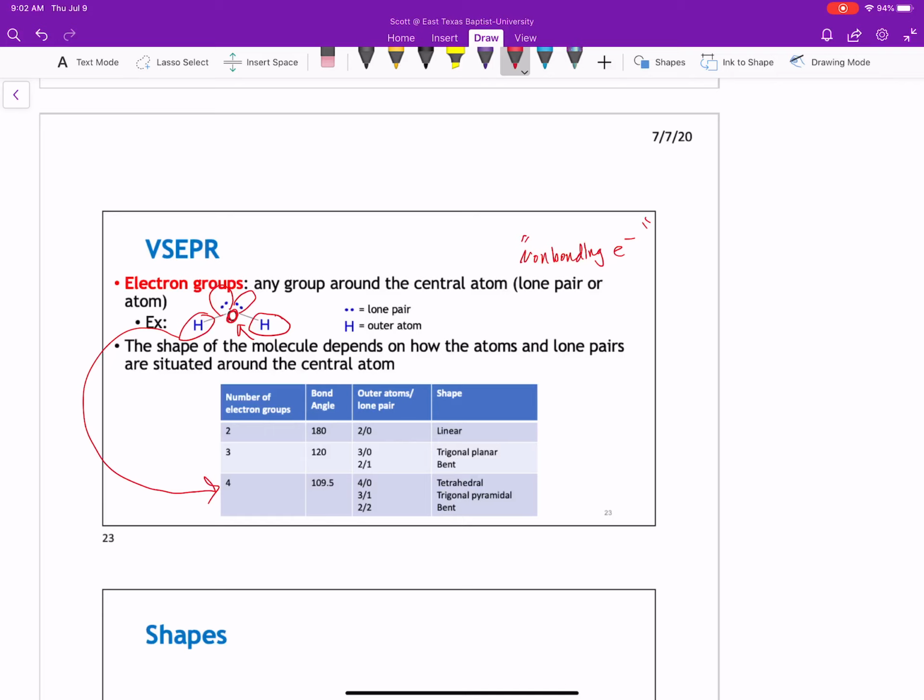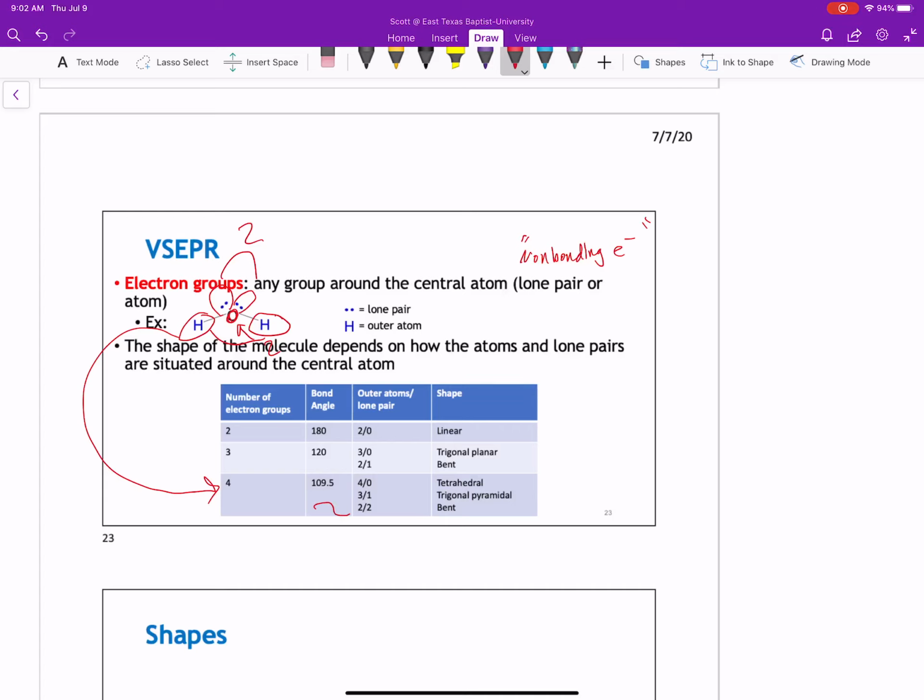And it already tells you that the bond angle of this molecule is 109.5. Now, given that that is true, we need to figure out what the shape is. The question is how many outer atoms to lone pairs are there? If you look, there's 2 sets of lone pairs and 2 sets of atoms.